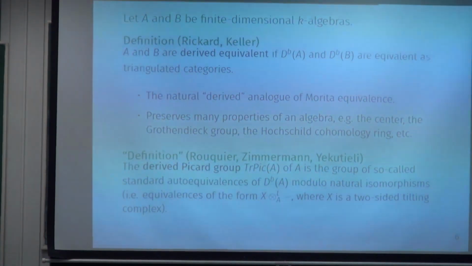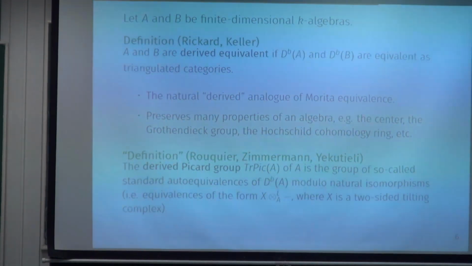I will not give a formal definition of a standard autoequivalence. Well, this is an autoequivalence of the following form, but I will not say what a Hilton complex is. But the thing is, nobody knows if there are any other autoequivalences apart from standard ones, so you can just think of it as the group of autoequivalences of D^b(A).